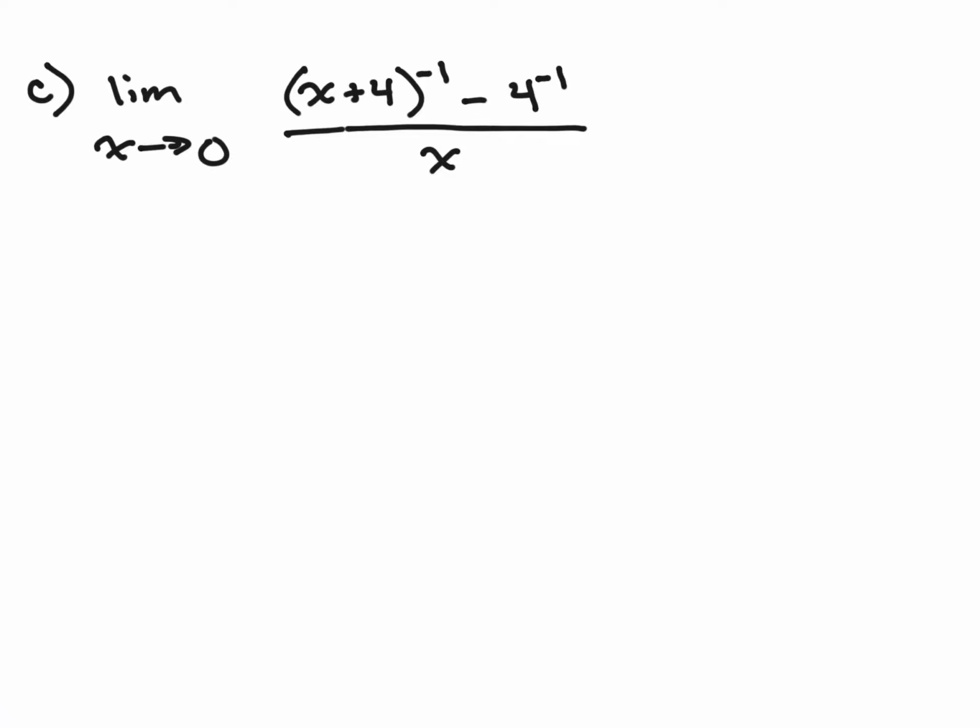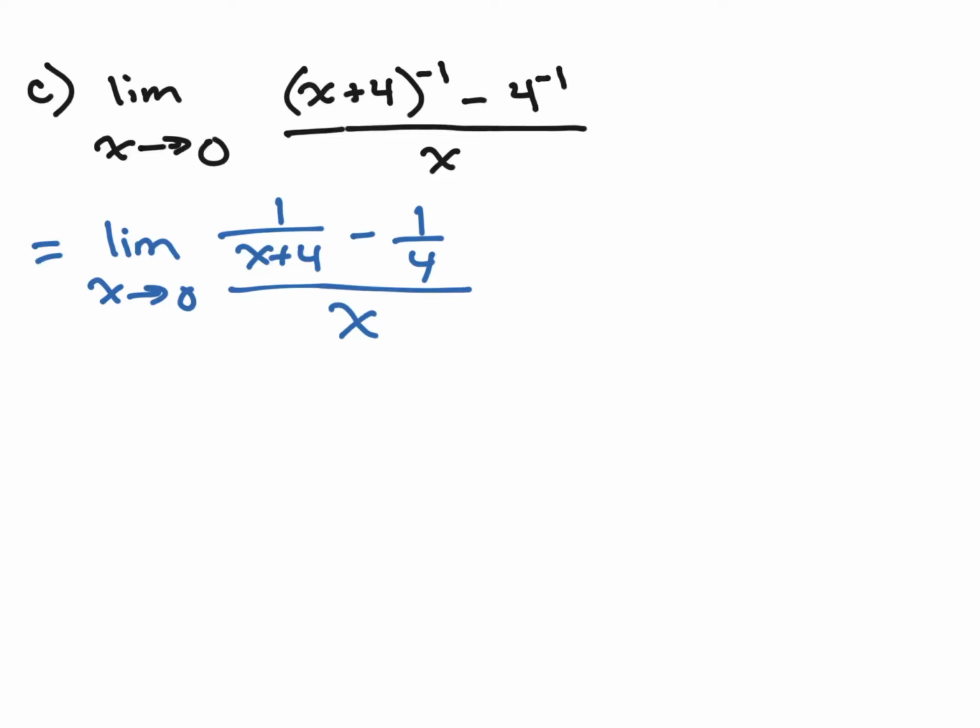What does a -1 exponent mean? Move it to the bottom, right? It's a reciprocal. It's 1 over. So the first thing we're going to do here is rewrite this thing as the limit as x goes to 0 of 1 over x plus 4 minus 1 over 4, all over x.